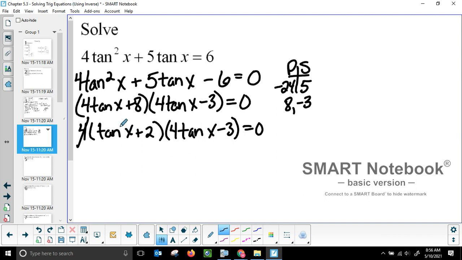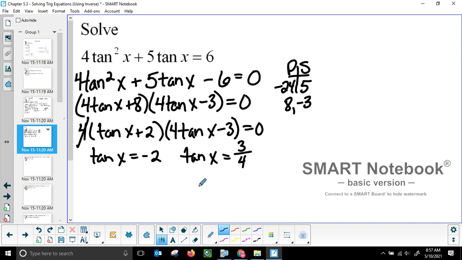So I set each of these equal to 0 and solve. This piece will give me tangent of x is equal to negative 2. Here I would add 3, divide by 4. So tangent of x is equal to 3/4.